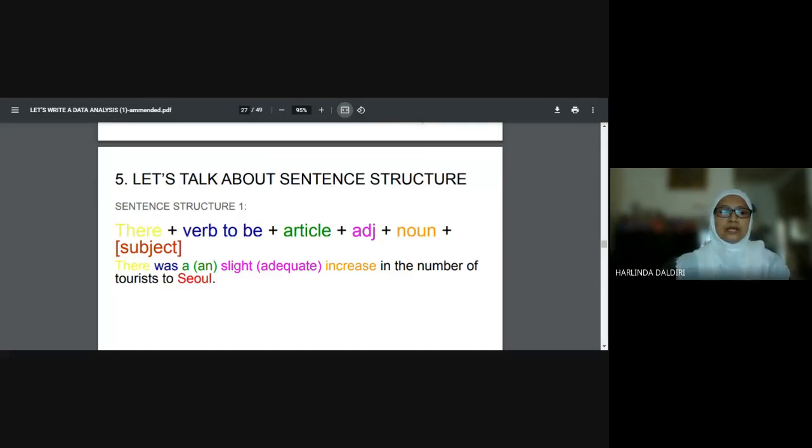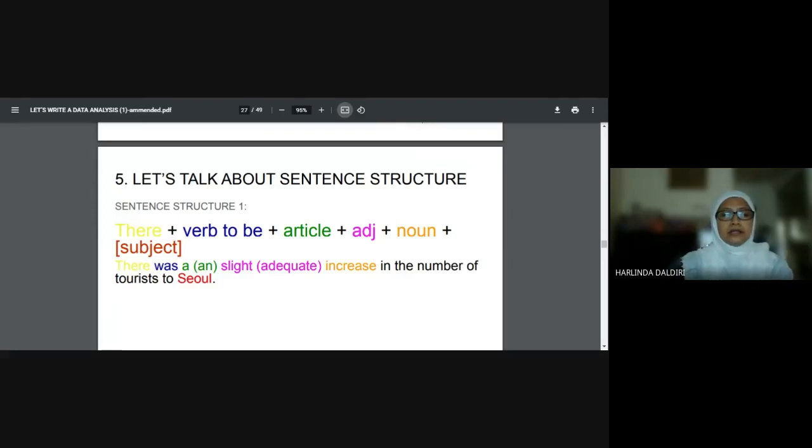What does that mean? Let us look at this here: there plus a verb to be plus article plus adjective plus noun. It is already color coded. There was, verb to be, a or an.